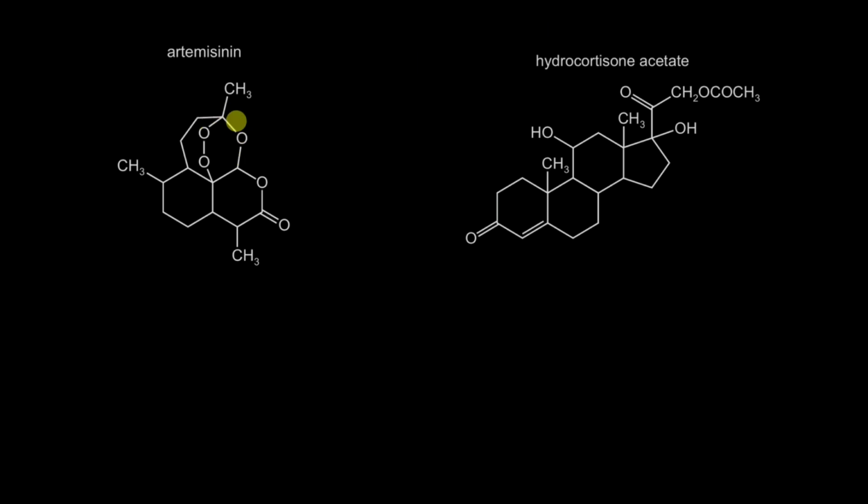So if I start with the left one, node. So 1, 2, 3, 4, 5, 6. Am I missing some? Oh, right there, 7. This one has 7. And the one on the right seems to have no.